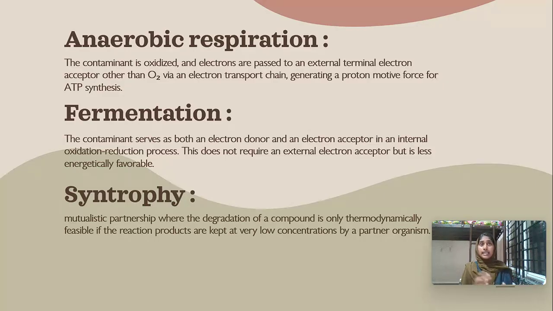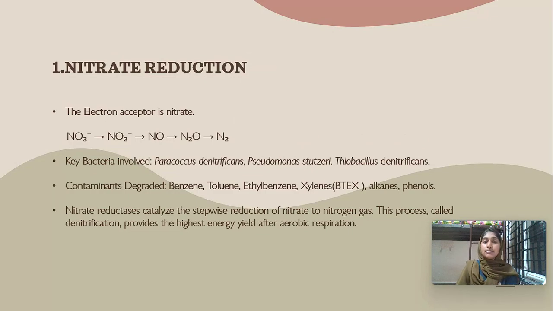So the anaerobic microorganisms will attack the pollutants and degrade them, and finally the whole product which is accumulating in the environment will be removed by mutualistic partner organisms like methanotrophs, so that thermodynamic feasibility is attained.